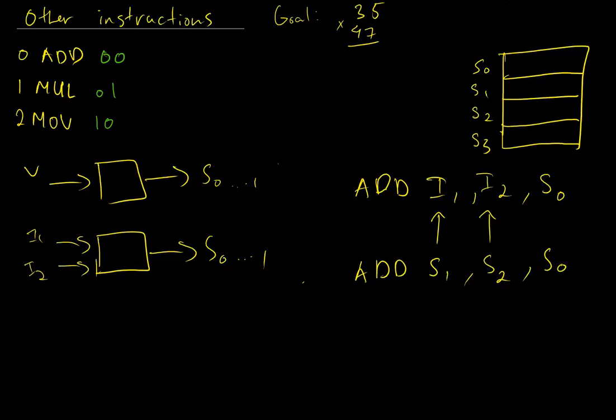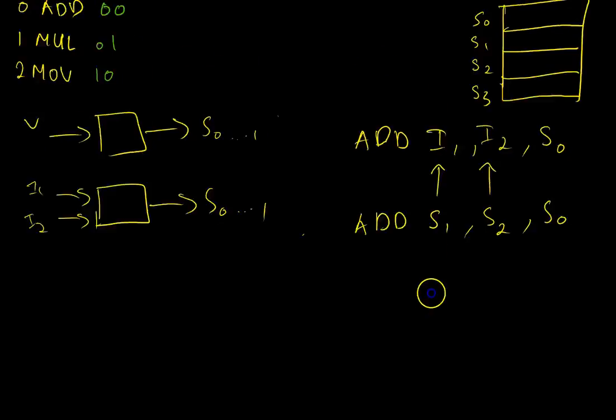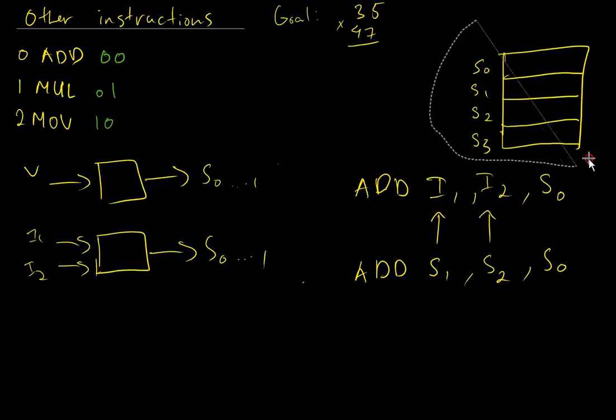So let's write a very simple sample program in order to demonstrate what I mean. I'm going to move this down here just so we have a snapshot of our memory.